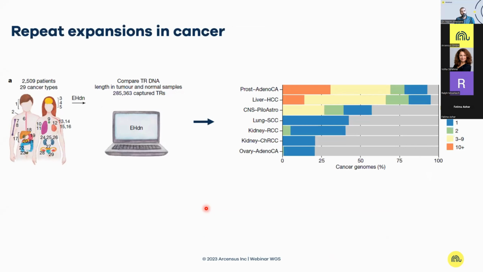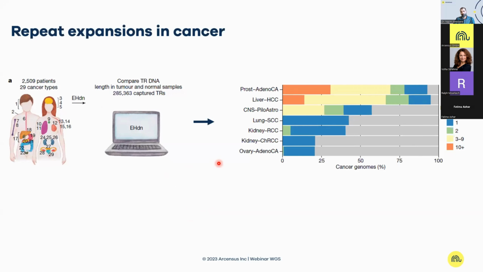They also ran the ExpansionHunter approach on the samples. In this particular case, they used the ExpansionHunter de novo module, which took the normal DNA as well as the tumor DNA from the same individuals. Then they analyzed all the samples together, and they were able to identify repeat expansions in the genomes from these different tumor samples.